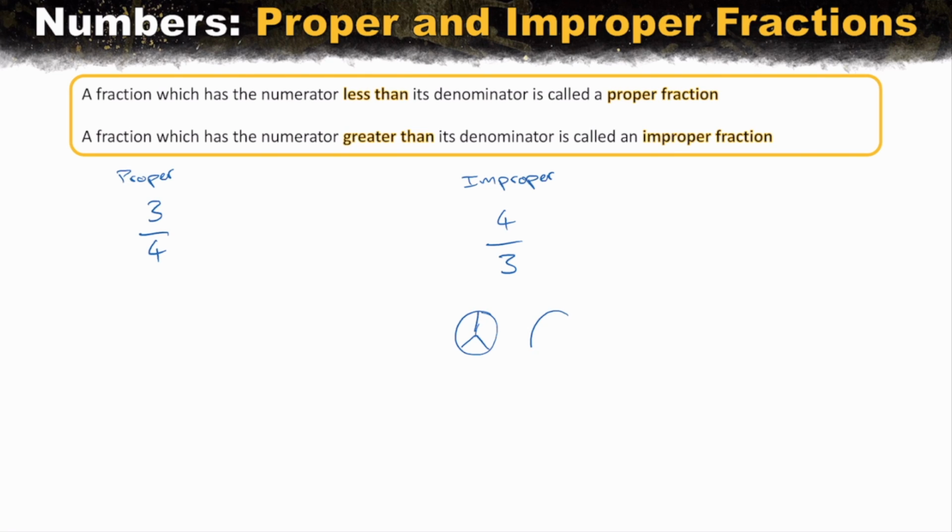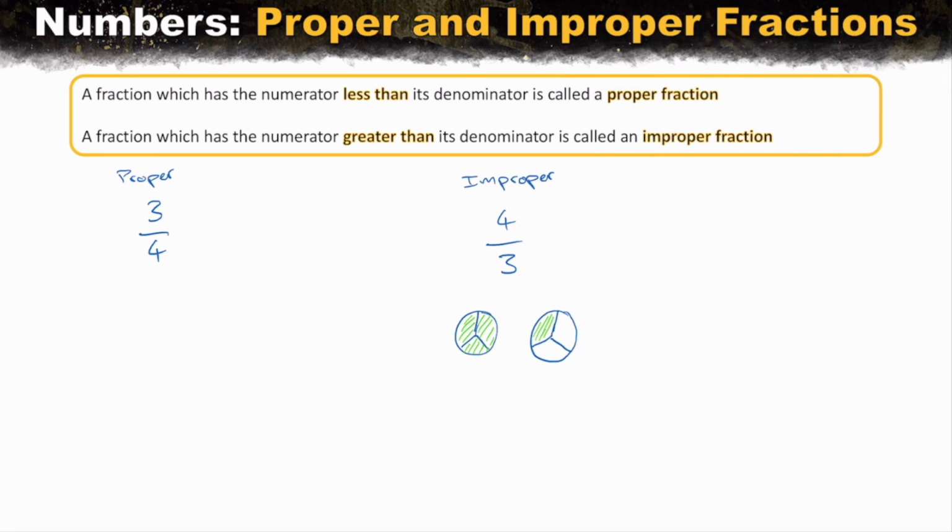It means I've got 4 slices of a 3-slice pizza. So when I'm shading this in, I have 3 slices on one pizza, and I also have a 4th slice on a separate pizza.